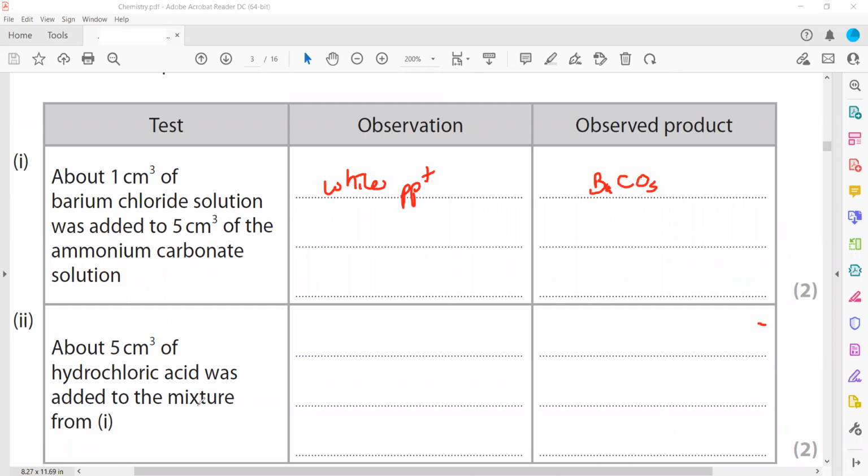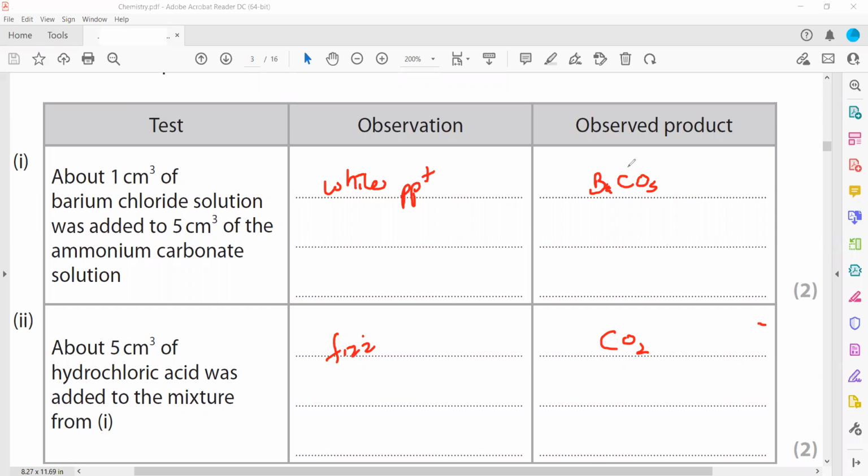Then we add hydrochloric acid to the mixture. If we add hydrochloric acid, the carbonate will decompose. Observed product means the product which we can see. When carbonate reacts with acid, it will give bubbles or effervescence. So here we can write the observation will be fizzing, bubbles, and the observed product is carbon dioxide.